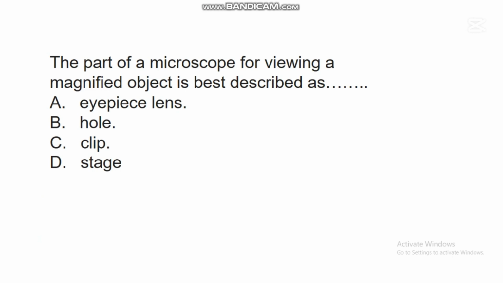In this question, the correct answer is A. Eyepiece lens. This eyepiece lens is the part of a microscope for viewing a magnified object. It's a part where a researcher or a scientist puts his or her eyes in order to view a magnified specimen or object.